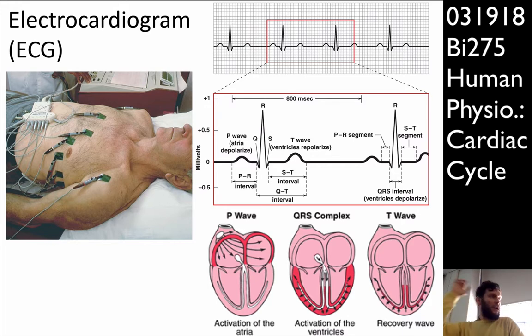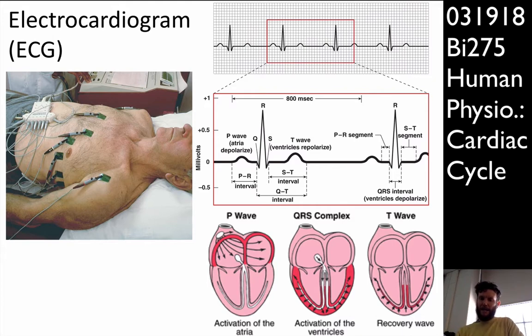The P wave happens in the initial phase of the conduction cycle, where there is depolarization at the SA node, and it's traveling through the atrium. Then there is the QRS complex, which is the big money here, where the ventricles begin to depolarize, and we get this large spike. And then finally, there's a recovery pulse at the bundle branches for the T wave.